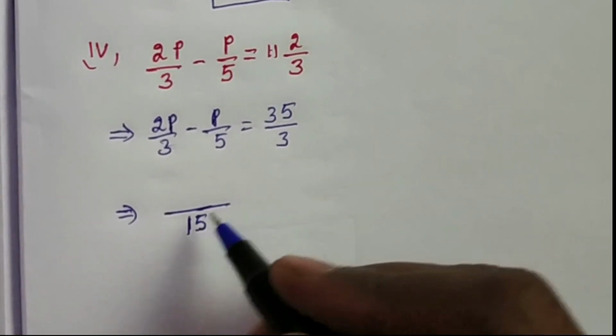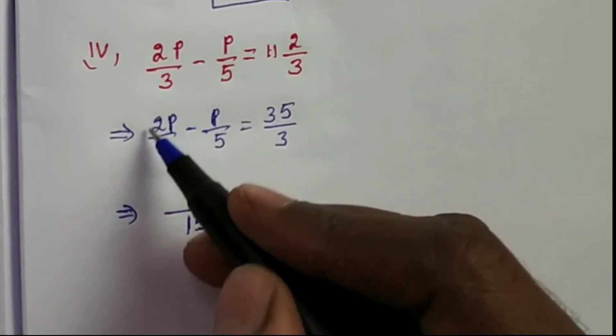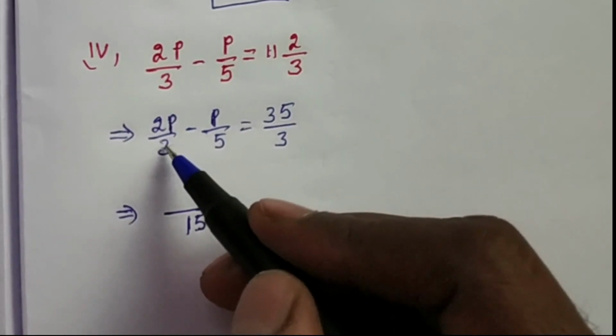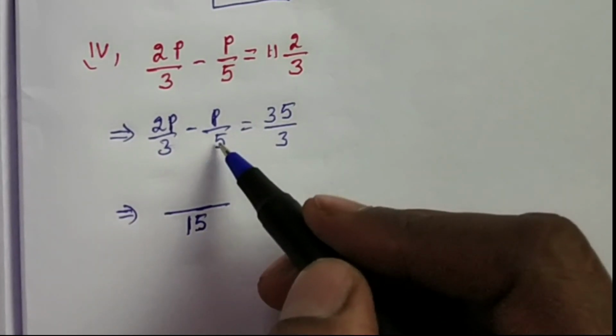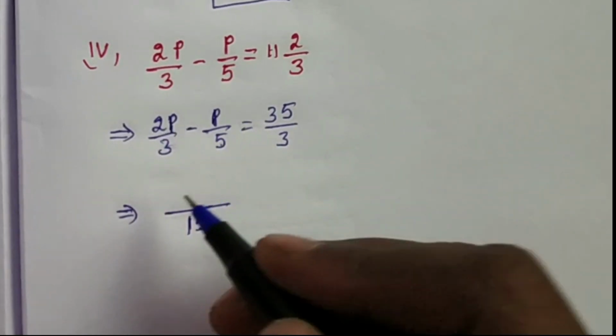So observe this condition and come to the first fraction, the denominator is 3. This 3 in LCM 15, 5 times will cancel, 5 into 2p.